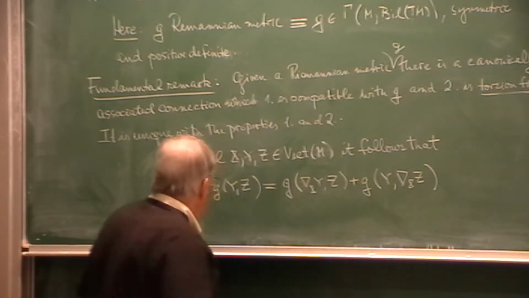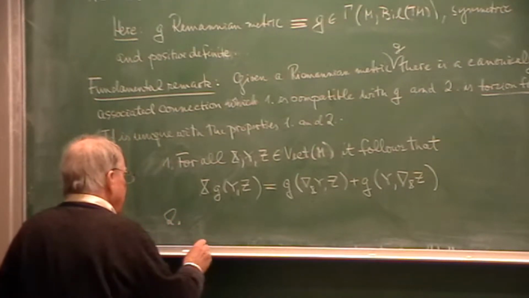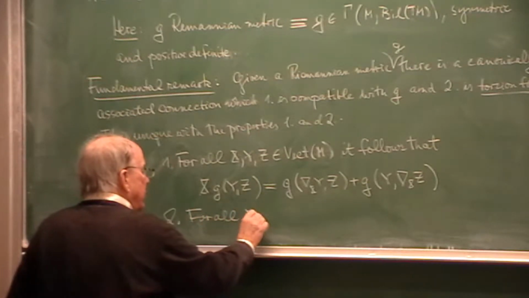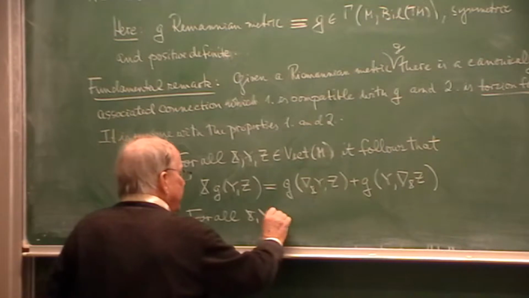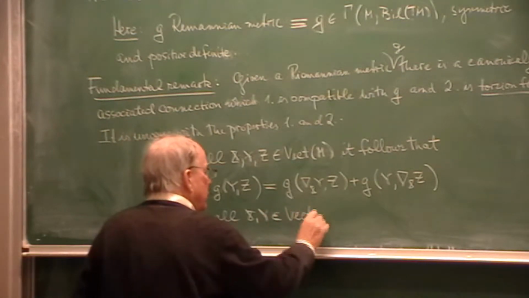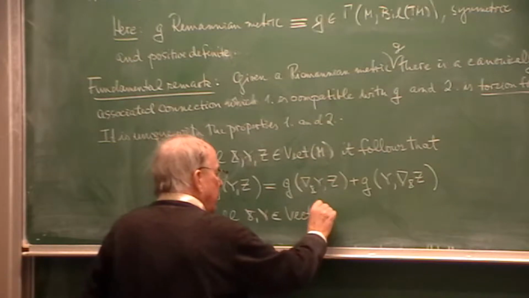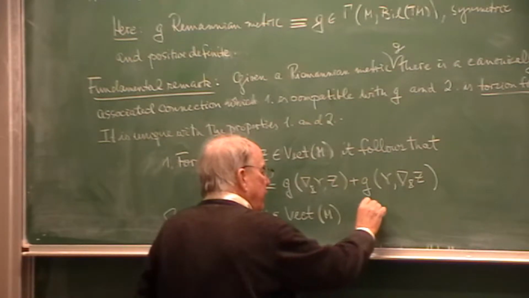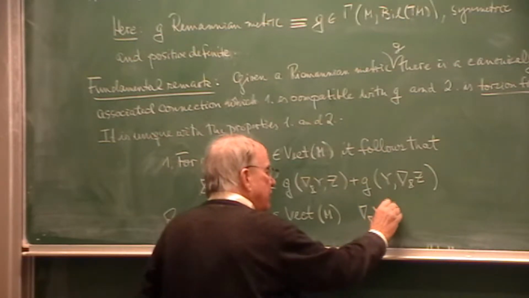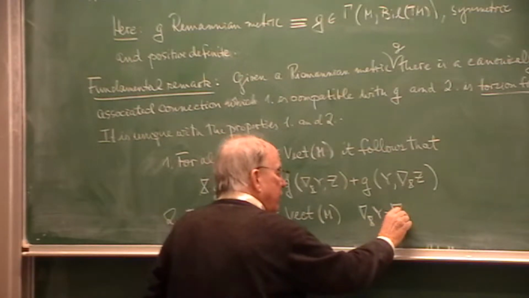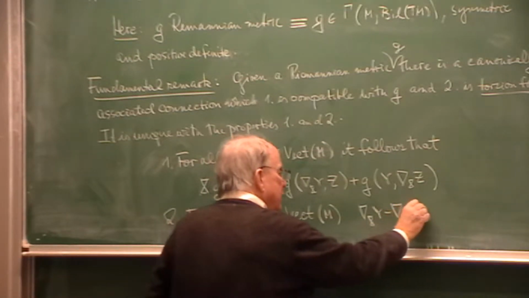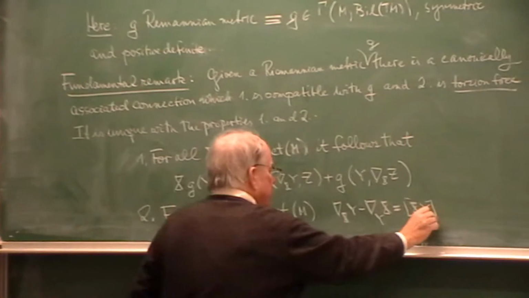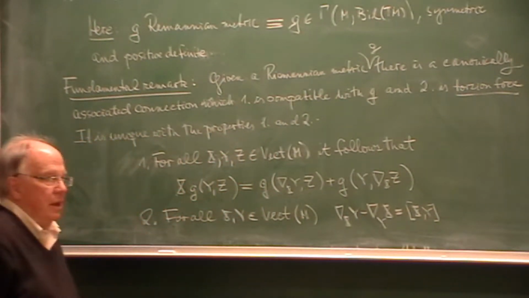And the other condition is torsion-free. The condition is, for all x and y, which are vector fields on the manifold, the derivative of y with respect to the connection in direction x, minus the derivative of x in direction y, is nothing more than the Lie bracket of x and y.